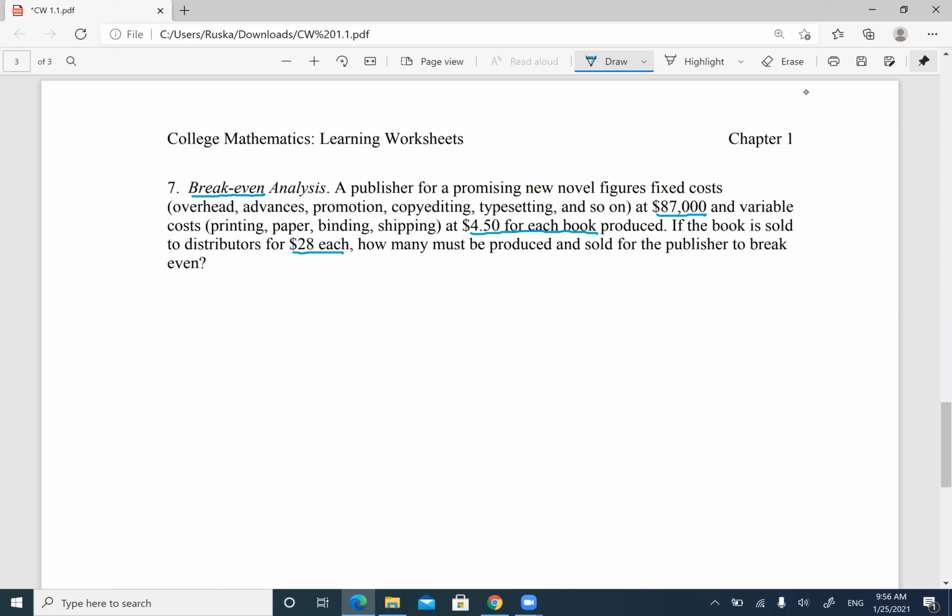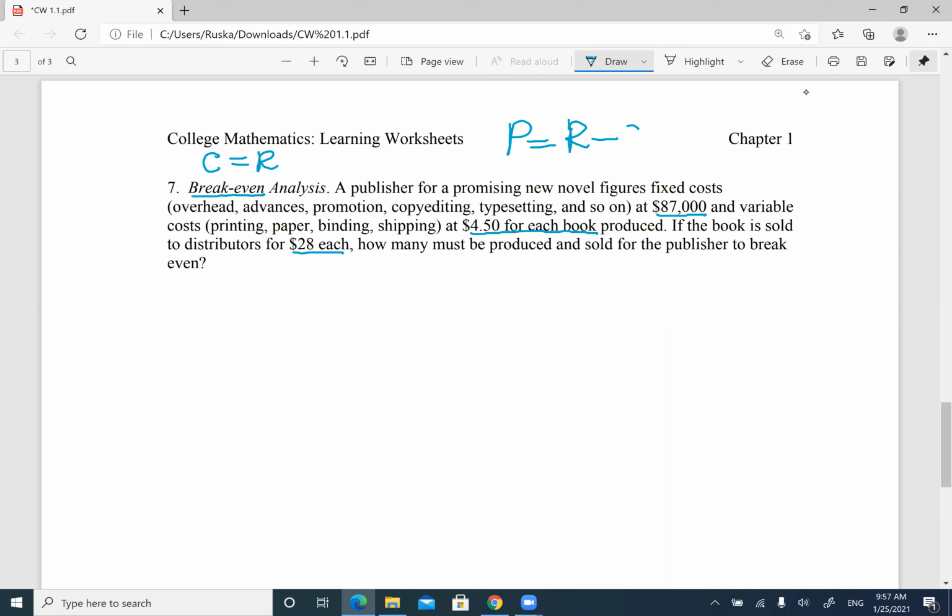Okay. Let me explain. Break even is, you have here the cost function, calculating how much it's going to cost you to produce something, and revenue is how much you're selling it for. So when the revenue and the cost are equal, then you have break even. And also the profit is revenue minus cost.